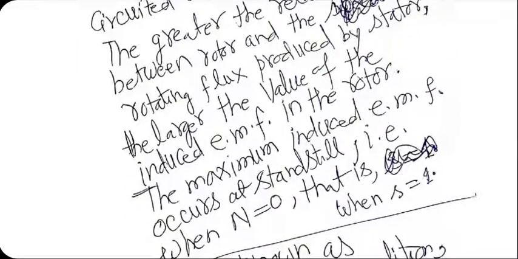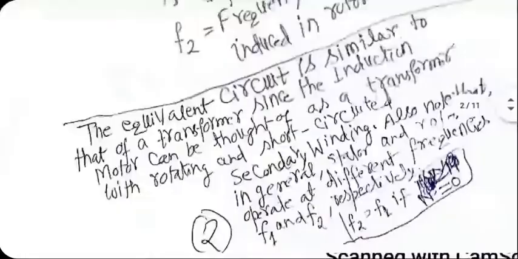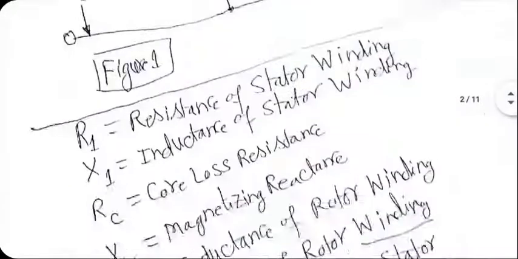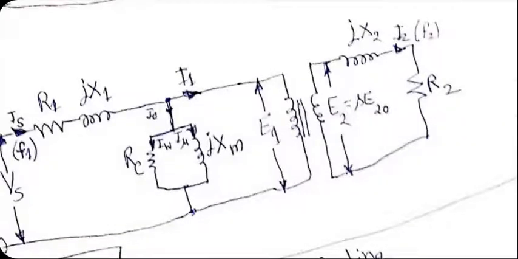The maximum induced EMF occurs at standstill, that is when n equal to 0, because at that time slip happens to be 1. So E2 would be highest, which is actually what we call E2 naught.